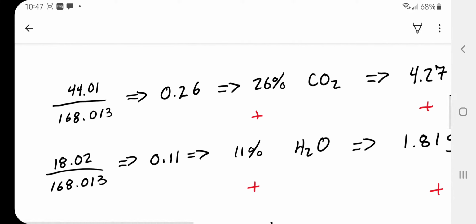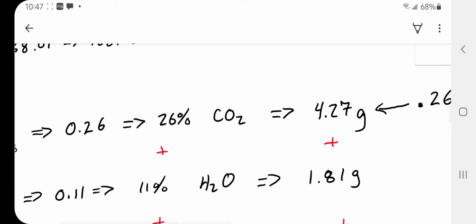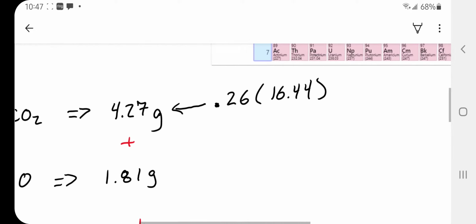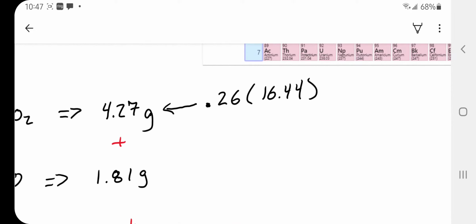And in doing that, we get 0.26, which simply refers to 26% carbon dioxide. And then in order to find the grams, we multiply 0.26 by 16.44, which is the amount of grams that they gave us at the beginning. And in doing that, we get 4.27 grams of carbon dioxide.